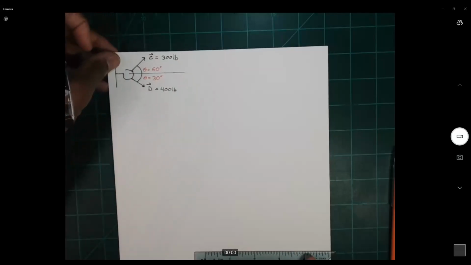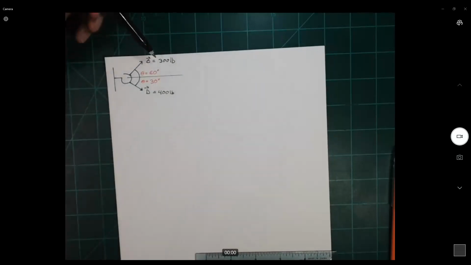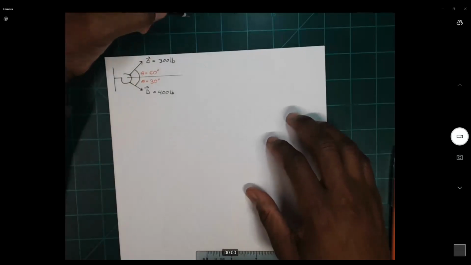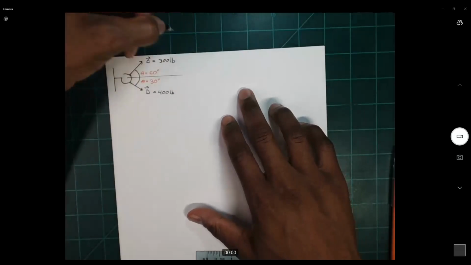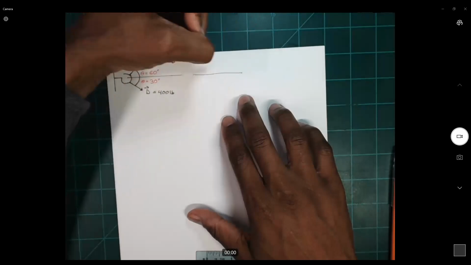Take a look at vector C and vector D. Vector C has a magnitude of 300 pounds. Vector D has a magnitude of 400 pounds. So let us go through the steps. First thing I want to do is focus on vector C. Our first step, determine the magnitude, direction, and the sense of force vector C. So I'm going to draw another line.